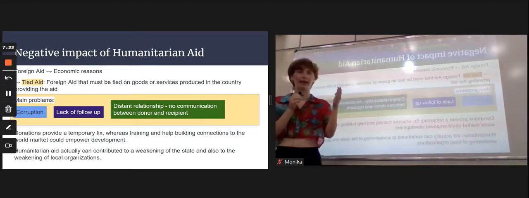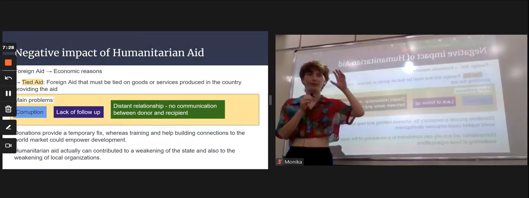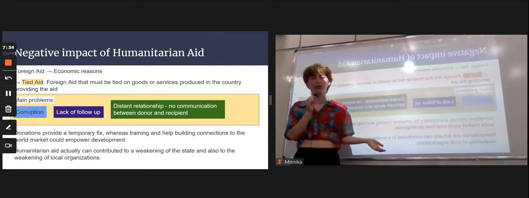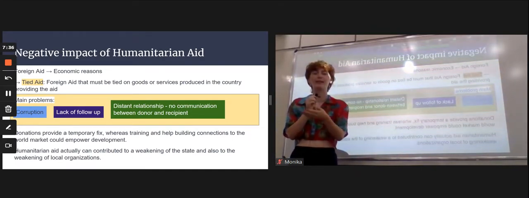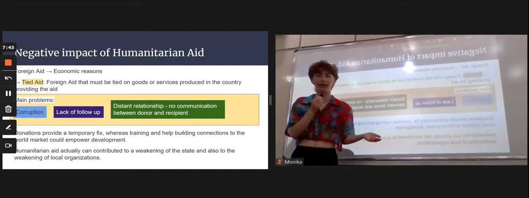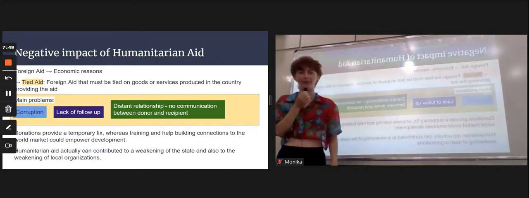That would look like the US giving aid to another country, for example $5 billion. A big amount of these $5 billion will be given to companies in the US producing goods, which will then be exported to the country the aid goes to, to support the country there to develop.